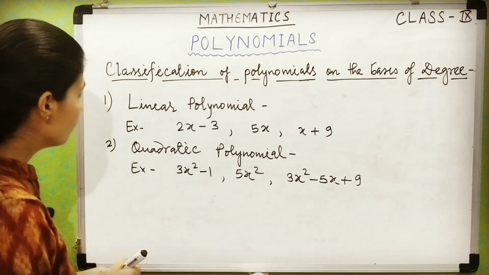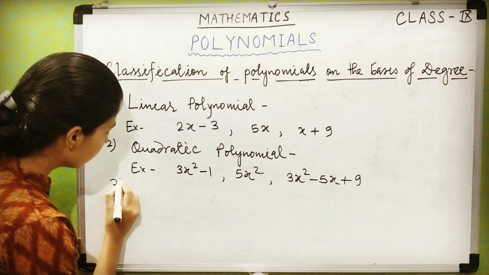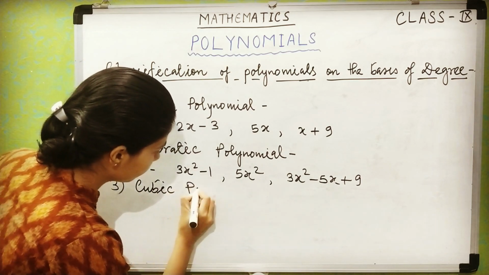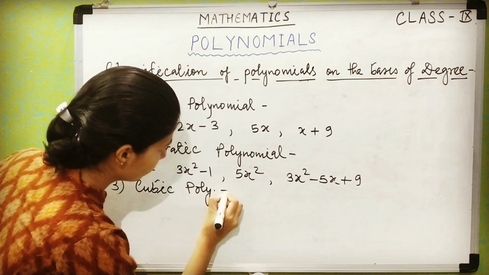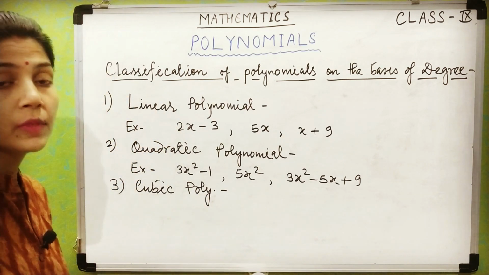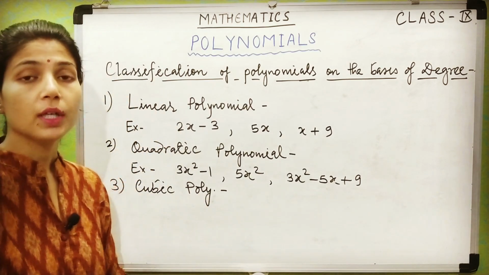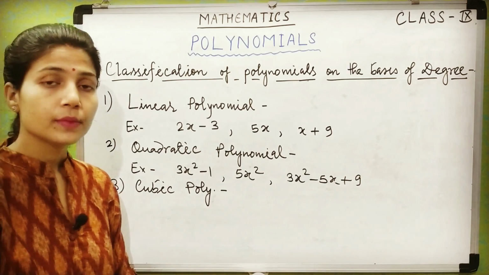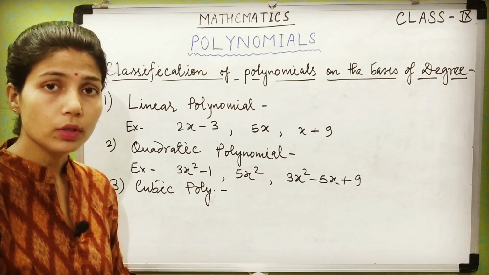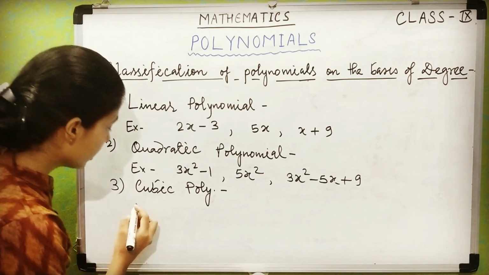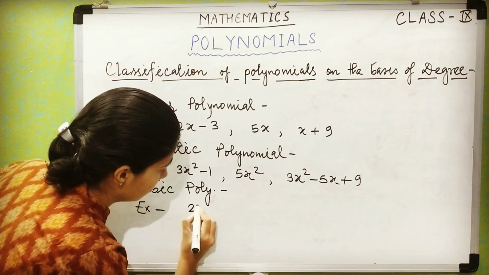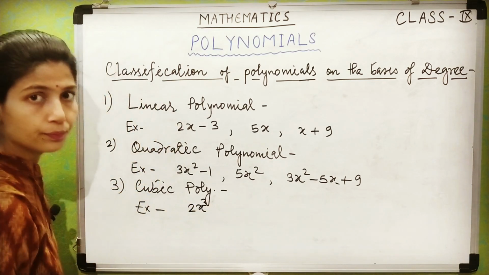Now third is cubic polynomial. If any polynomial has degree 3, it will be a cubic polynomial. Let's take an example here: 2x cube.